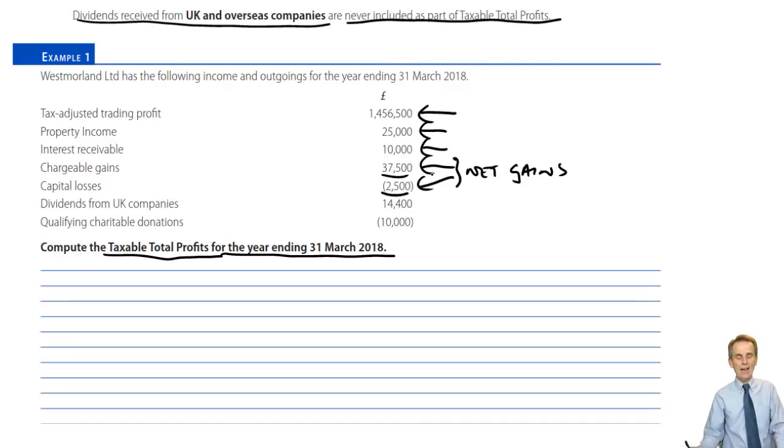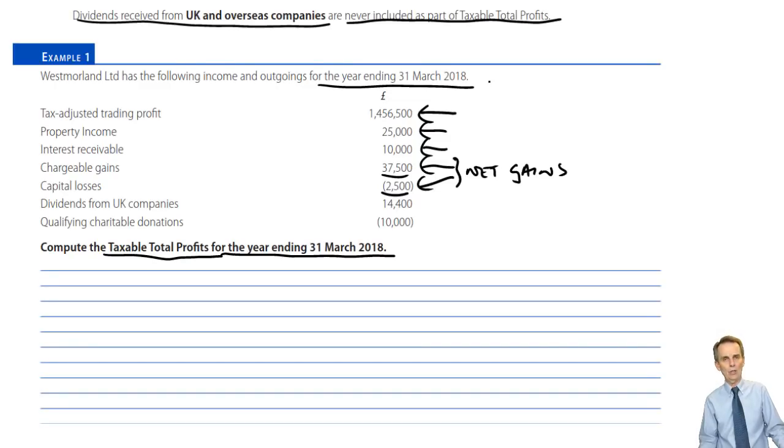Gains, losses, how do we relate disposals to a tax year, to a chargeable accounting period? Get that one right, to a chargeable accounting period based on the date of disposal. Whatever assets were sold during the accounting period, here within the year ending 31st of March 18, those are disposals allocated to this accounting period.